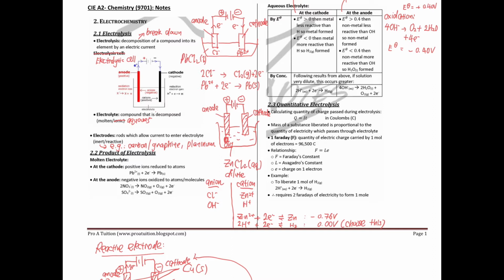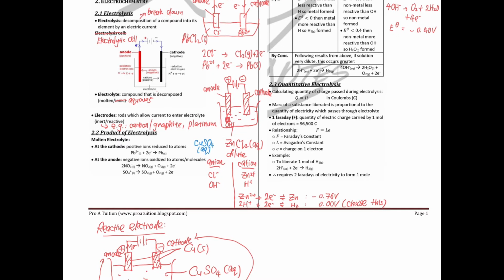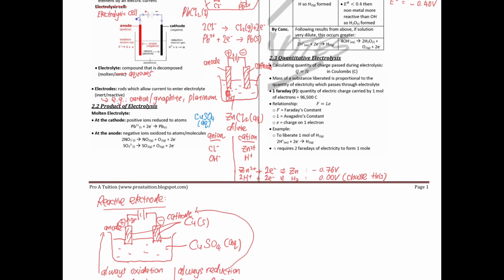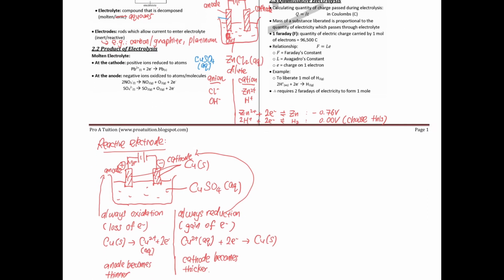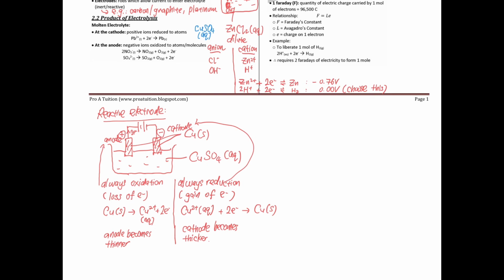Let me give you one more example, I use blue color. I don't use zinc chloride now. Let's say I use copper sulfate, aqueous. But my electrode is not copper. If my electrode is copper, I follow the reactive electrodes way.